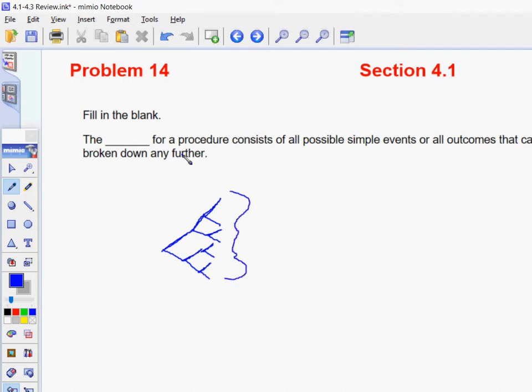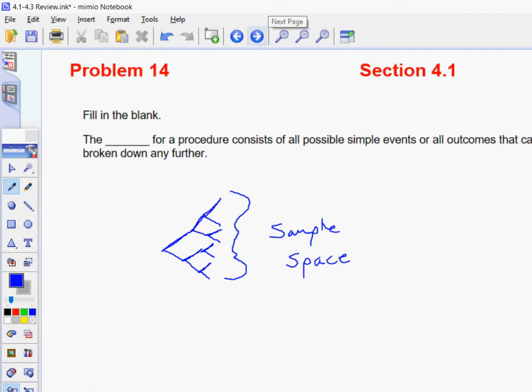All those simple events all together made up the sample space. One of these 8 simple events has to happen. All possible simple events. Each one of these little twigs is a simple event.